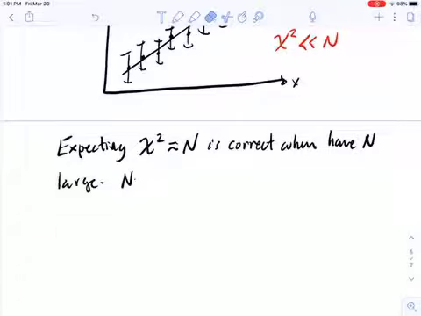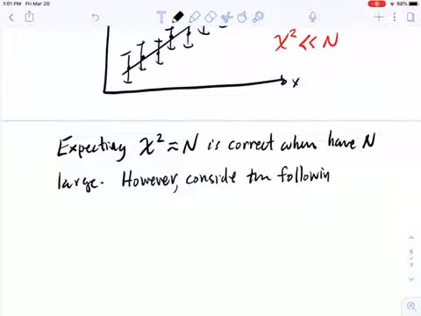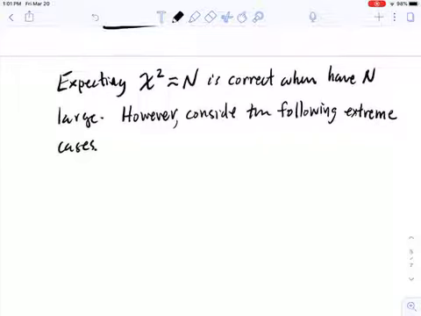However, what I'd like to do next is let's consider the following extreme cases. So I'm going to consider cases where n is not large. So the first one we're going to think about is a one-parameter fit with n equals 1.